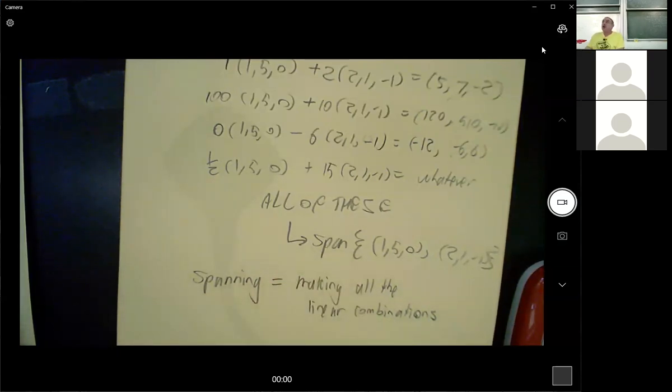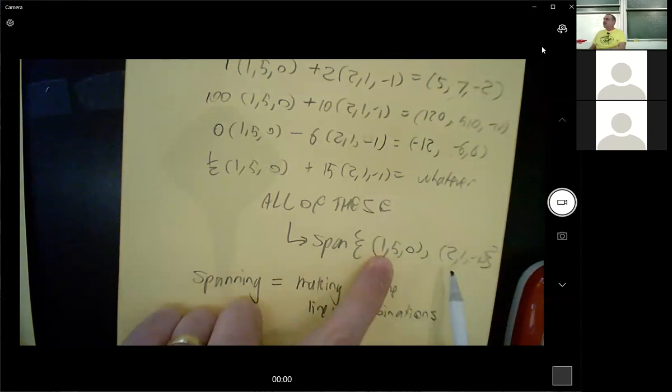Okay. Now, I have one thing to say about this, but before I say that, I would like anyone to ask a question. Would it be correct to call these two vectors here the bounds of all the vectors that you produce?